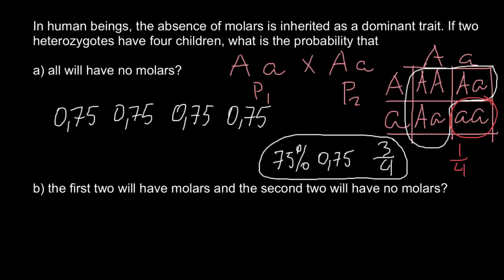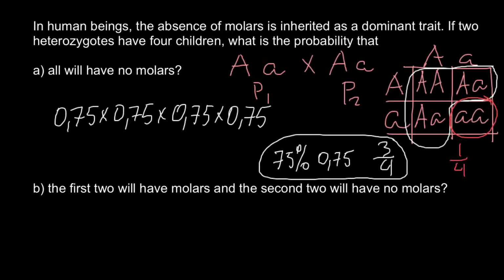Because the birth of each child is a completely independent event, the gender, for example, of the first child, or whatever other traits he may have, wouldn't affect any traits of the following child.